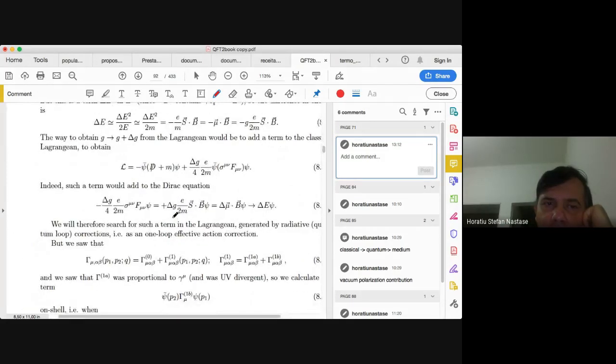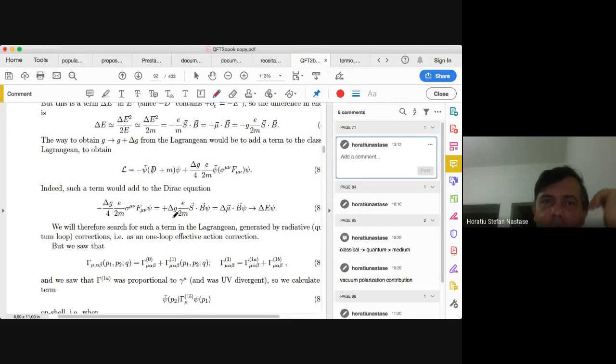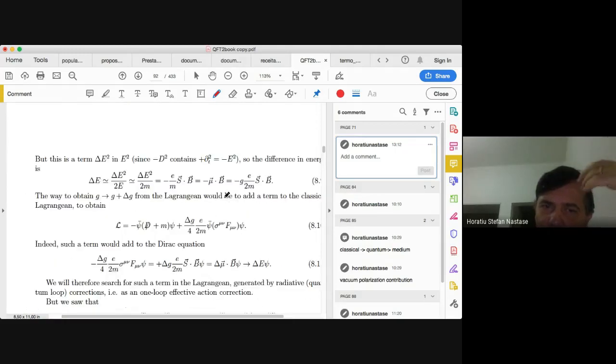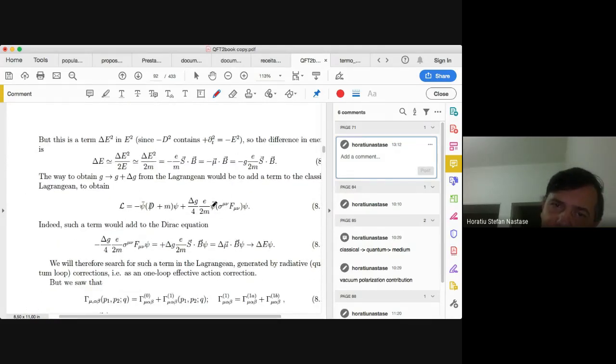But if I were to obtain this from the Lagrangian, I would write the Lagrangian for the Dirac equation plus a term that is proportional to sigma^{mu nu} F_{mu nu}, right? Because that's how we obtained it. And then this would act on psi, and it's part of the equation for psi bar. So you have psi bar on one side and psi on the other.